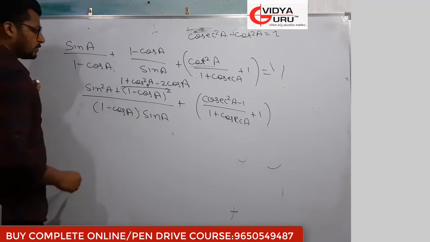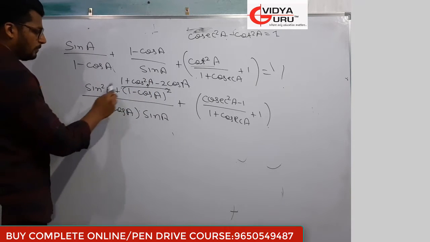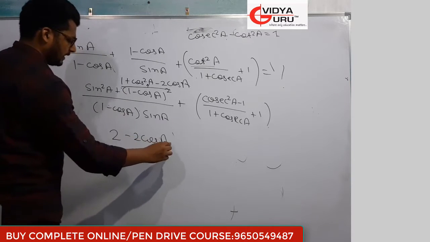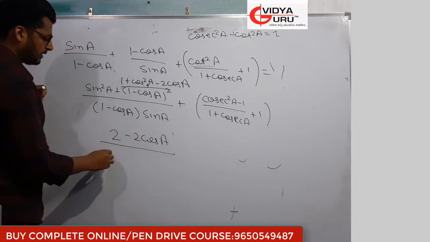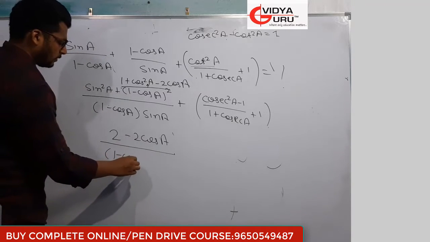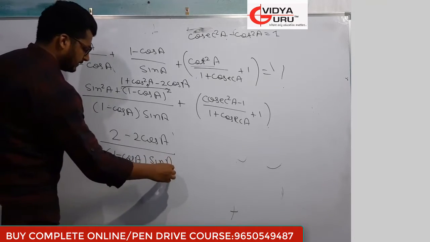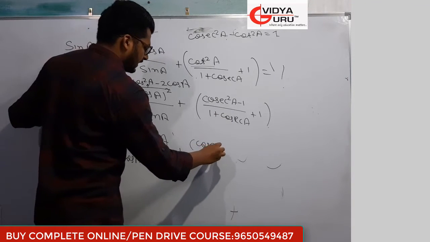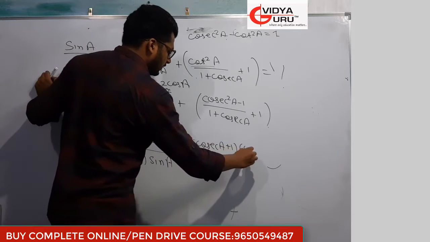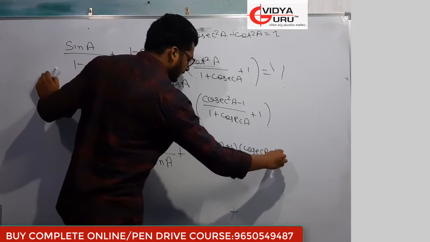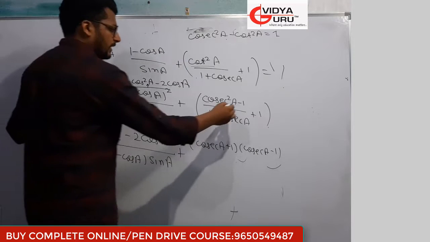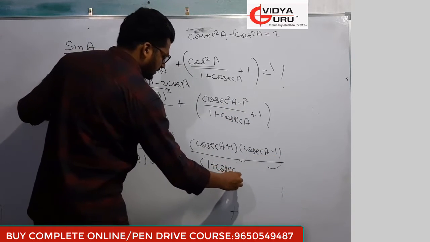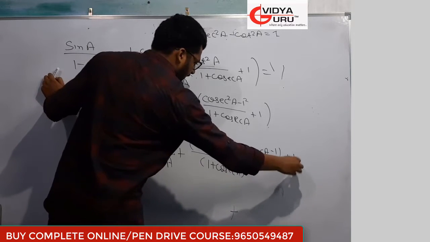Sin square A plus cos square A will form 1. So 1 plus 1 will be 2 minus 2 cos A, and in the denominator it is 1 minus cos A times sin A. And this is what? This can be written as cosec A plus 1 times cosec A minus 1, a square minus b square, and what is in the denominator? 1 plus cosec A, and plus 1.